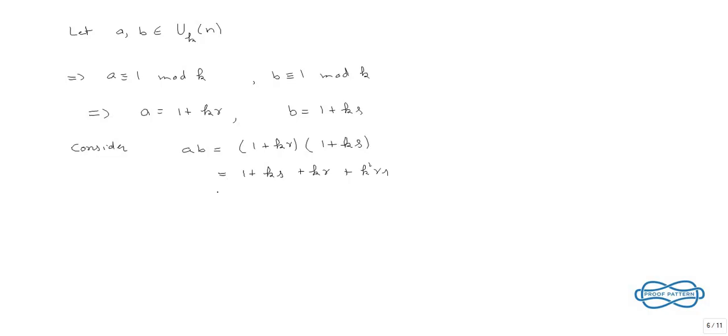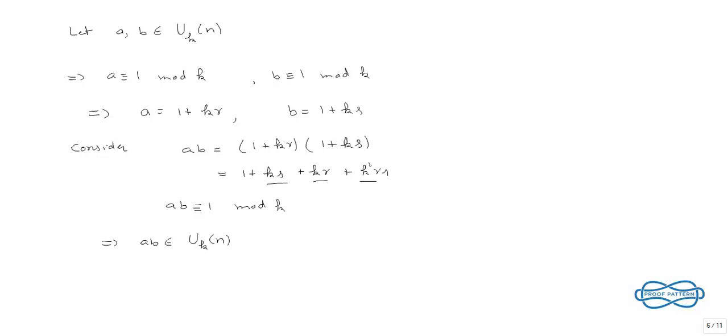If we take mod k, then ab is congruent to 1 mod k, because all these three terms are multiples of k, so they will vanish. And since the product ab is also congruent to 1 mod k, this means ab belongs to the set U_k(n).